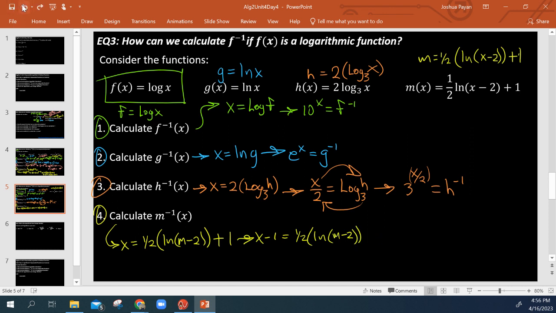Oops, not plus 1. Okay, so I took care of that by doing minus 1 just to be clear. Okay, so now I'm going to multiply by 2 to cancel this 1/2. So multiply by 2 on both sides. So 2 times x minus 1 is equal to now ln of m minus 2, right?